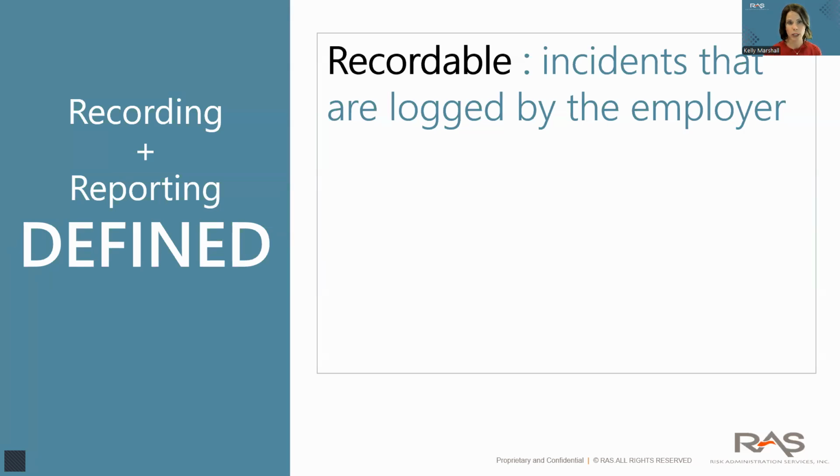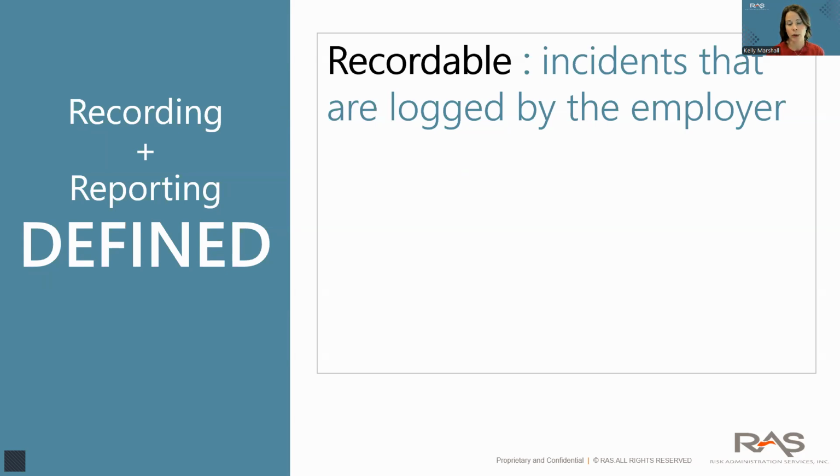Employers that are required to keep that OSHA 300 log are also required to post a summary of those injuries and illnesses from that previous year from February 1st to April 30th. Even if you don't have any OSHA recordable cases, you must still submit and then post that OSHA log.